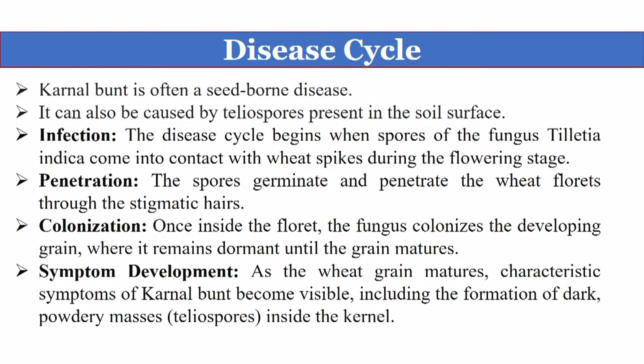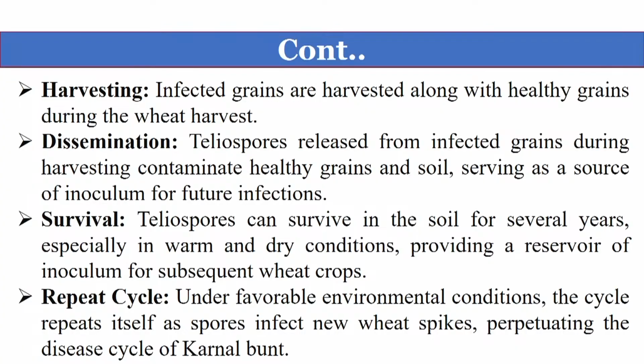The characteristic symptoms of kernel bunt become visible, including the formation of dark powdery masses known as teliospores inside the kernel. Infected grains are harvested along with healthy grains during wheat harvesting time. That's why teliospores are released from the infected grains during harvesting, and may contaminate the healthy grains and the soil, surviving as a source of inoculum for future infection.